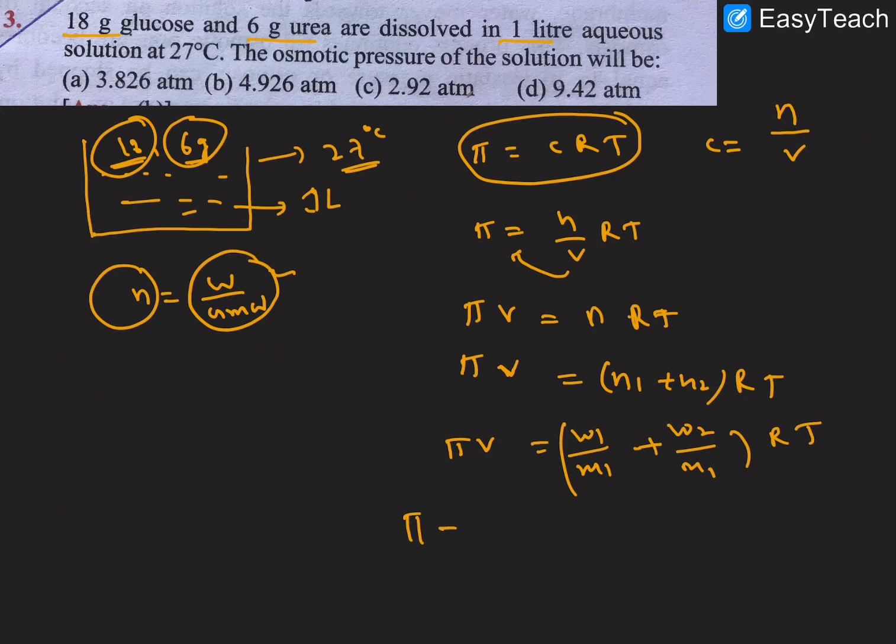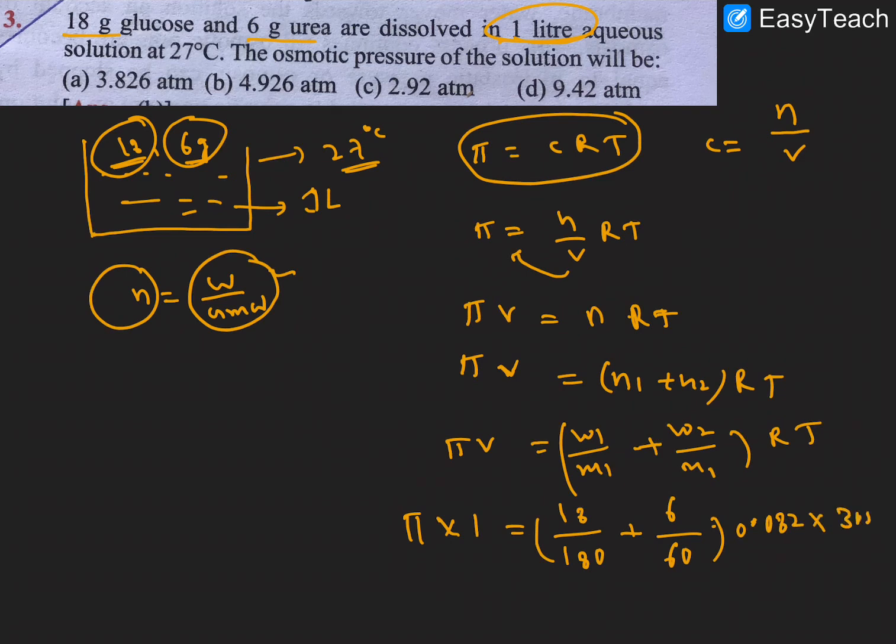The volume is 1 liter. The weight of glucose is 18 grams, molecular weight 180, plus the weight of urea, 6 grams, molecular weight 60, into the gas constant 0.0821.